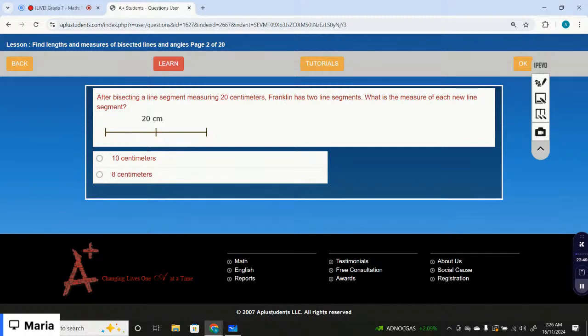That is 10 centimeters. Option number 1 is the correct option.